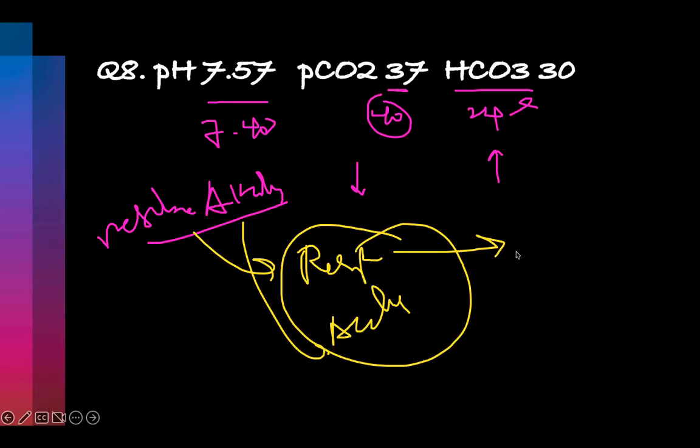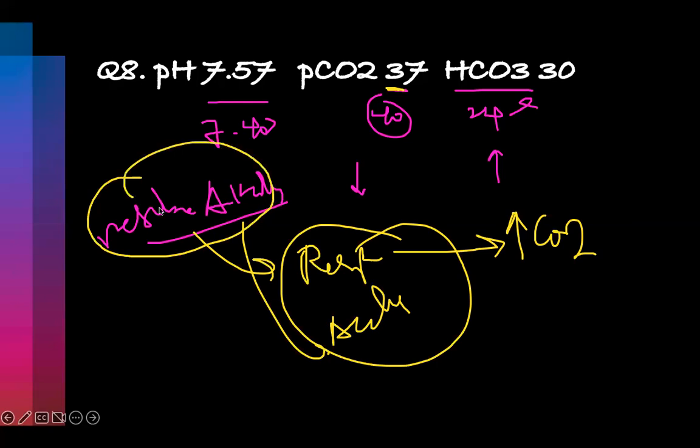Respiratory means CO2. What is acidosis? CO2 should go up. What did CO2 do? It did not do anything. It remained normal. Therefore, I have no compensation. So my answer is metabolic alkalosis, uncompensated. And this is the end of it.